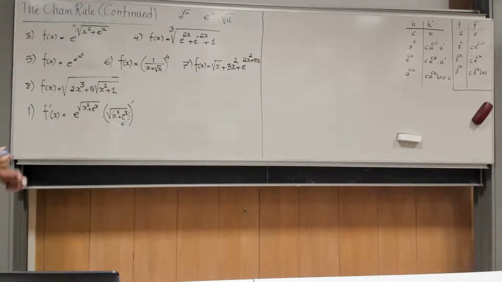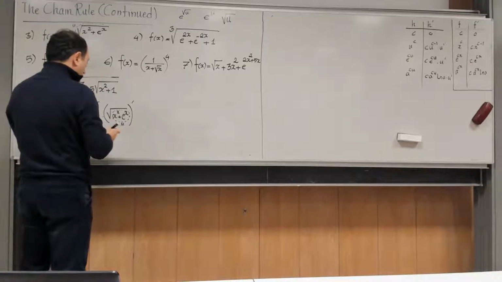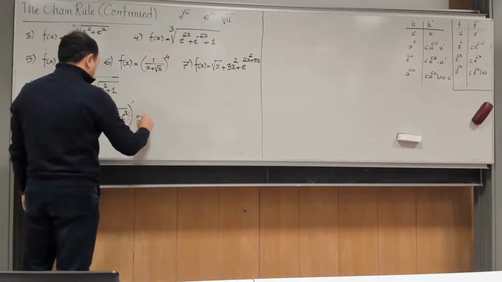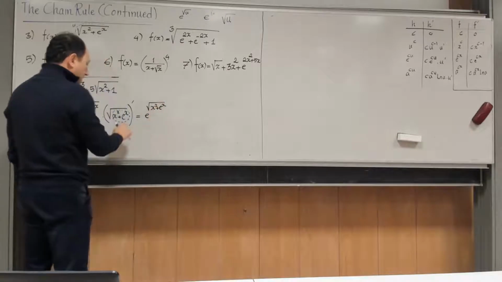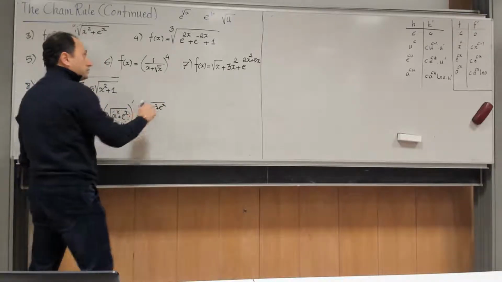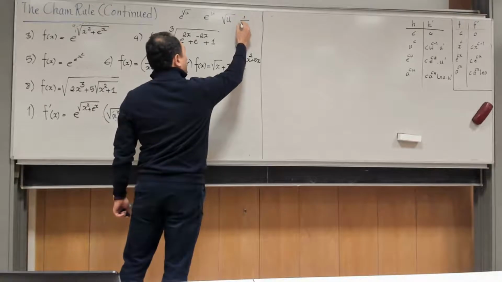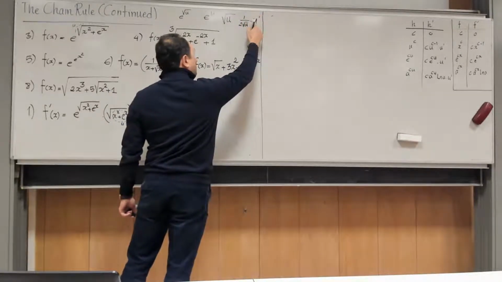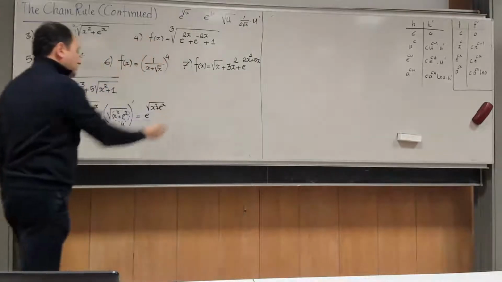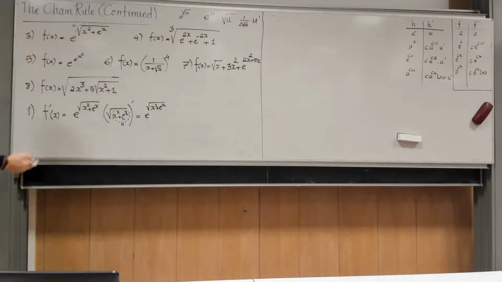Is that clear? So what I do, I continue. I would write e to the power square root of x squared plus e to the x. If I take the derivative of that one, the derivative is 1 over 2 square root of u multiplied by an extra u prime, because u is a function of x, not just x.